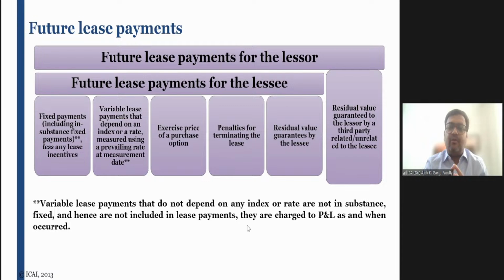And if anyone walks away from the contract, there is a termination penalty. Manoj knows that after 8 years, he is not going to use this car, so he is going to avail the termination option.